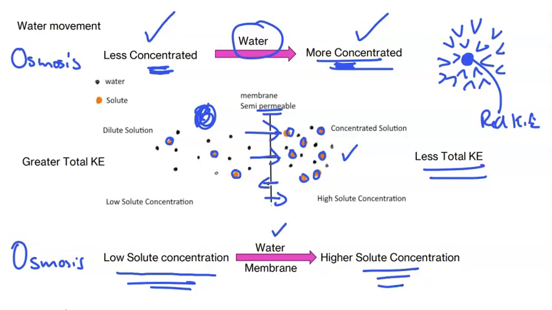That's the movement of water through the membrane. But try to remember that the reason it has that pattern is because on this side we have high kinetic energy of water molecules, and on this side we have, relatively speaking, lower total kinetic energy of water molecules.